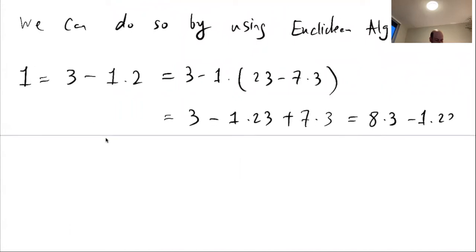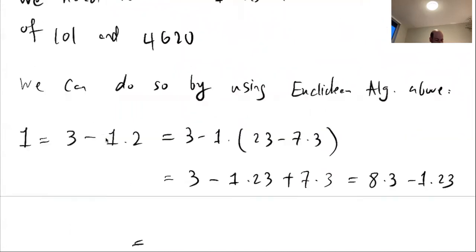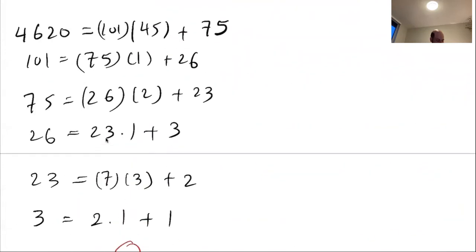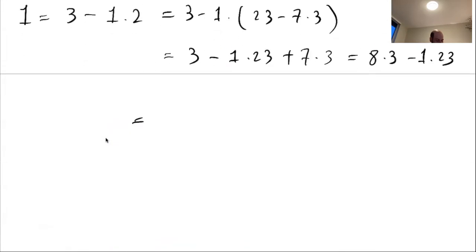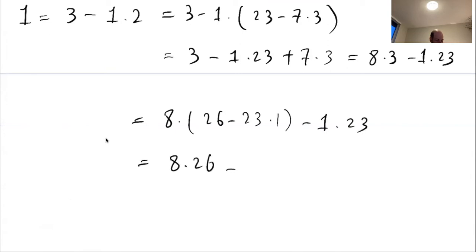minus 1 times 23. Now if we look at the equation above this, 3 could be written as 26 minus 23 times 1. So 8 times (26 minus 23 times 1) minus 1 times 23, which is 8 times 26 minus 8 times 23 minus 1 times 23.